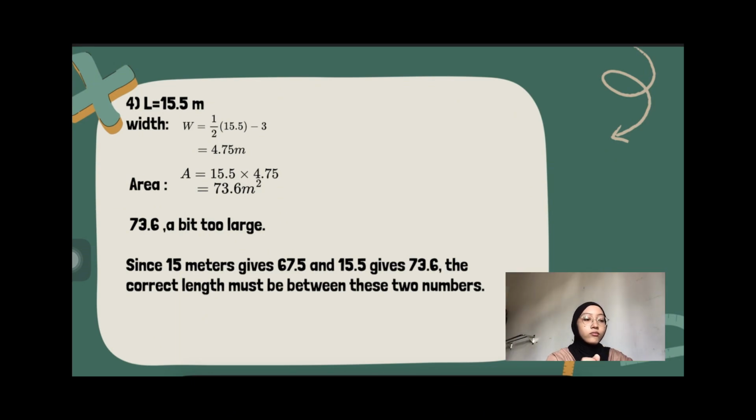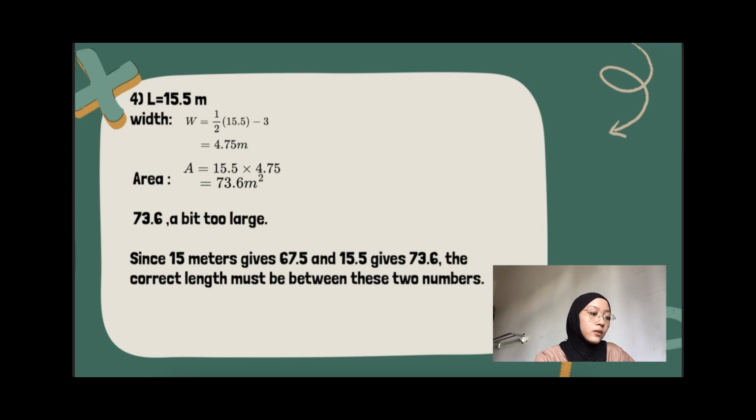It is a bit too large. Since 15 meters gives 67.5 square meters and 15.5 meters gives 73.6 square meters, the correct length must be between these two numbers.